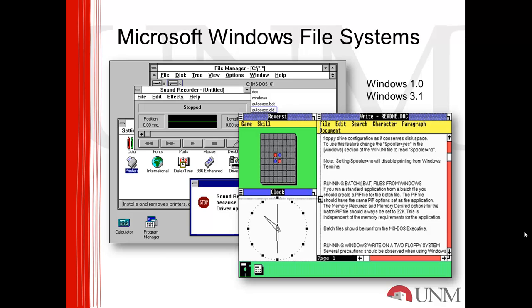This slide shows Windows 1.0, on the right-hand side, which was a bear to use both for file management and as an operating system. And then its more popular successor, Windows 3.1, which some of you may have had experience with.